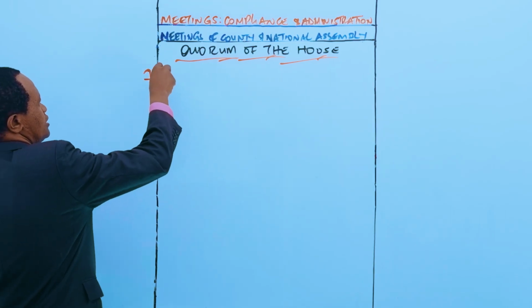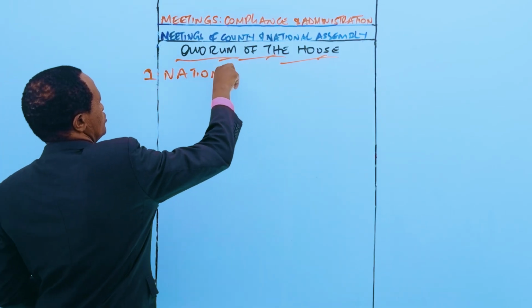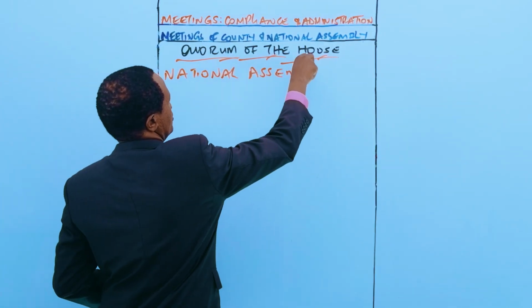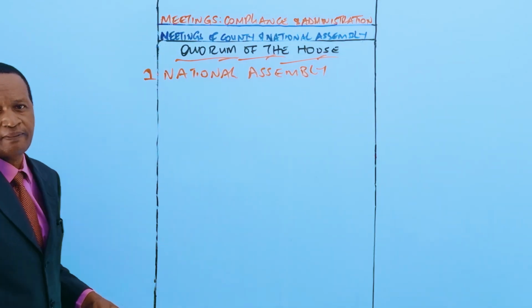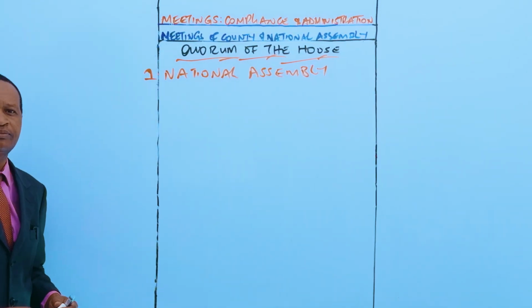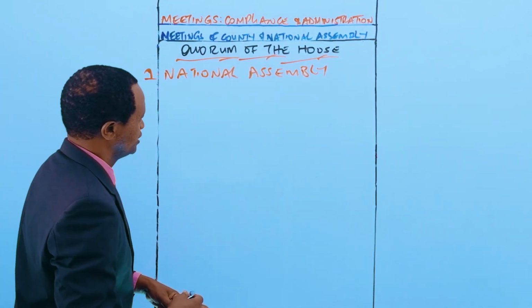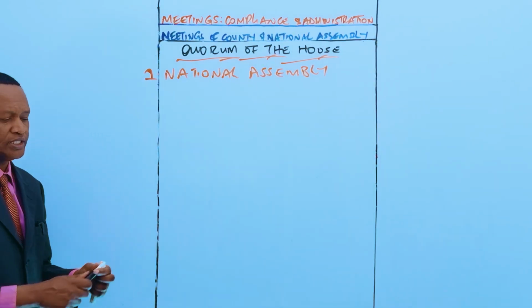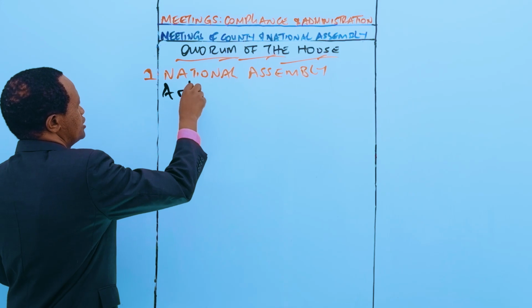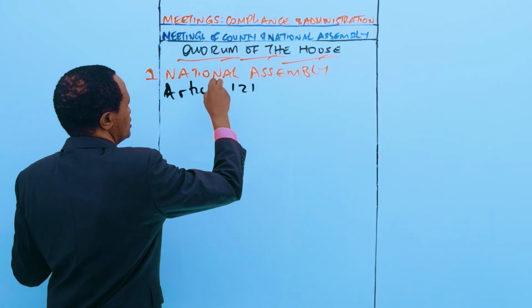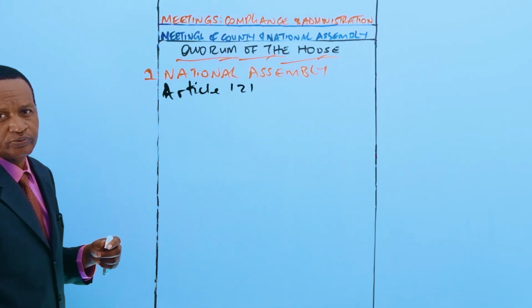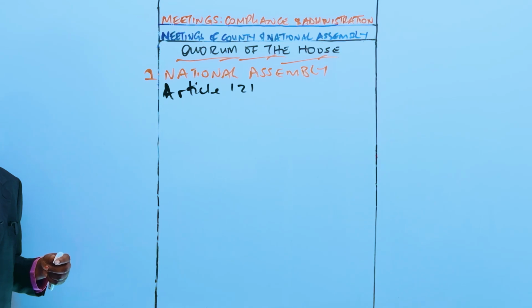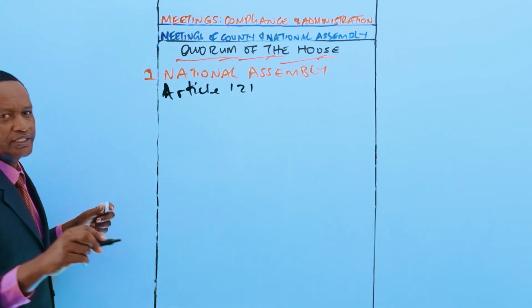Number one, the National Assembly. Now the quorum for the National Assembly, as I've just said, is constituted by Article 121 of the Constitution. And the quorum is 50 members.